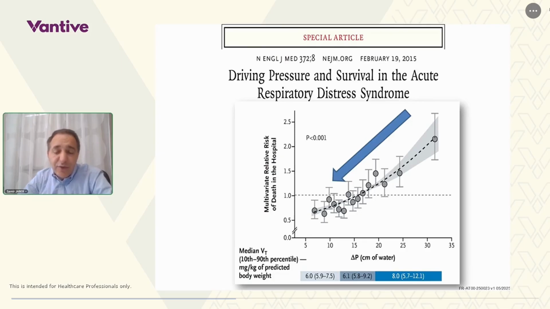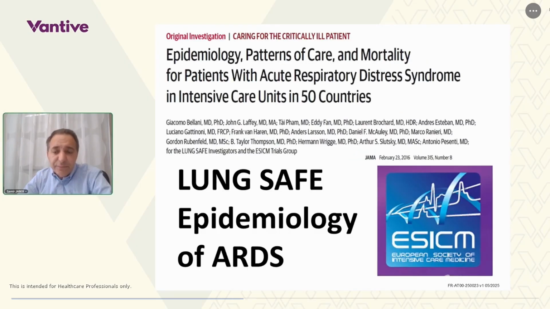The driving pressure is the plateau pressure minus PEEP. And as you see, the more you decrease the driving pressure, the more you decrease the mortality. It is exactly the same as the plateau pressure. It's the same thing, a surrogate of the VT.